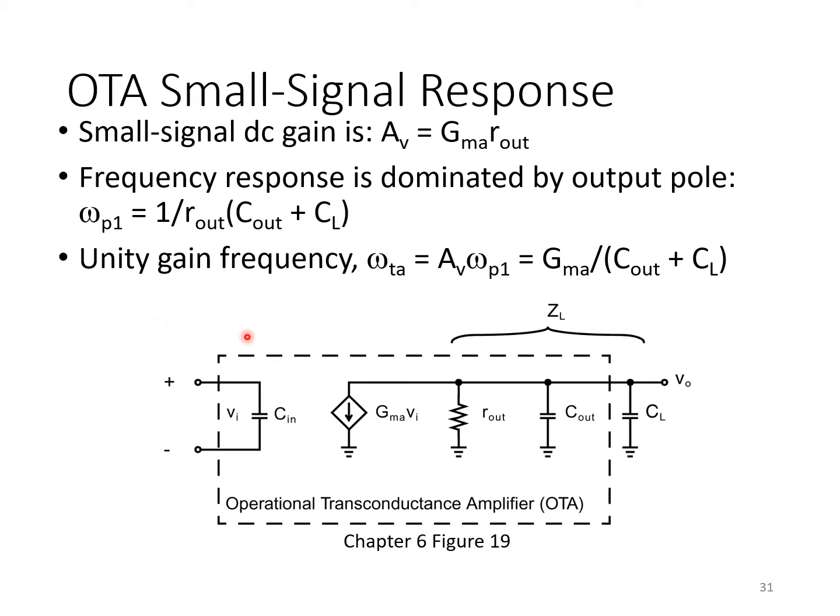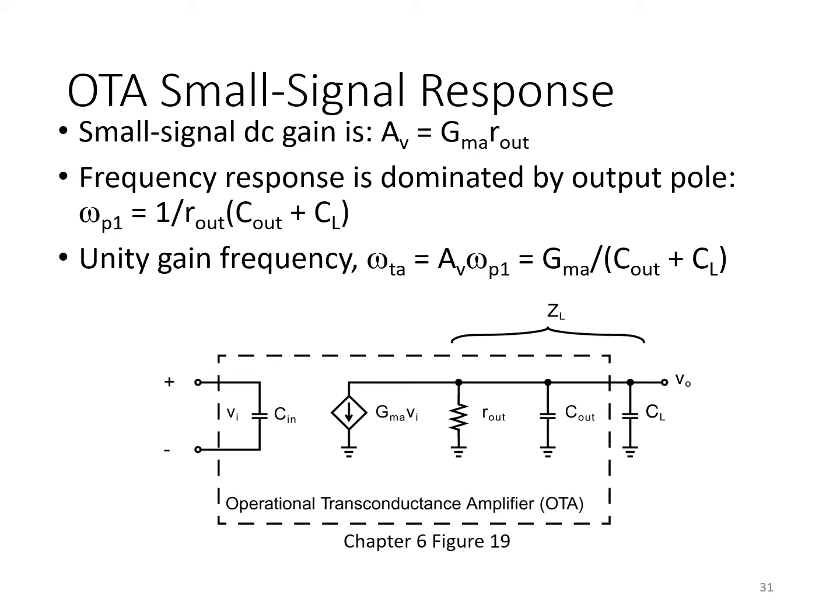The DC gain is simply given by the product of GMA and the output resistance, because the capacitors look like an open circuit at DC. It's a first order frequency response with a single pole that arises due to the RC time constant at the output. That is, it's 1 over the product of Rout and the parallel combination of Cout and CL. So that's the single pole frequency here.